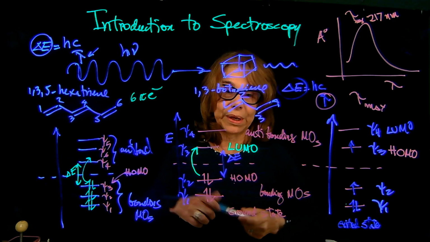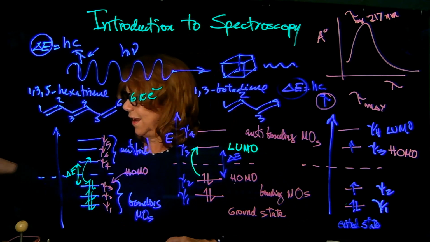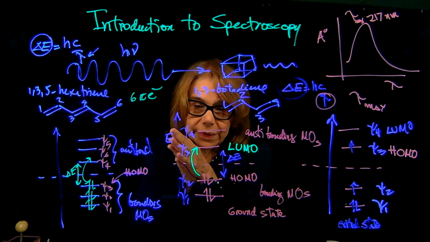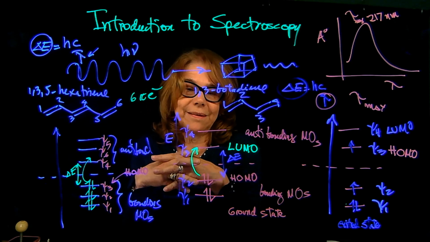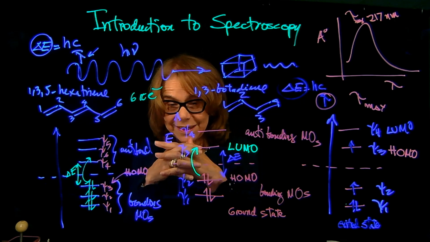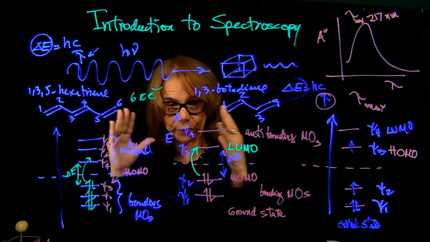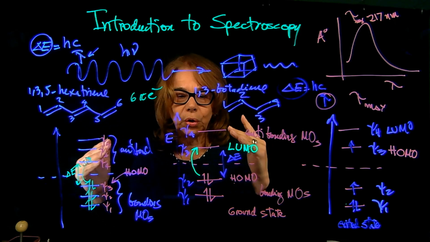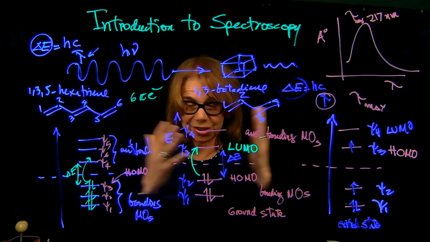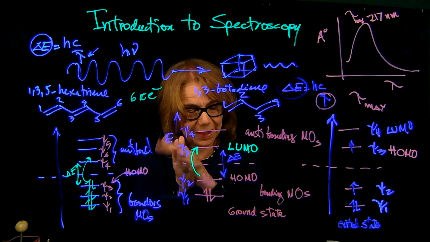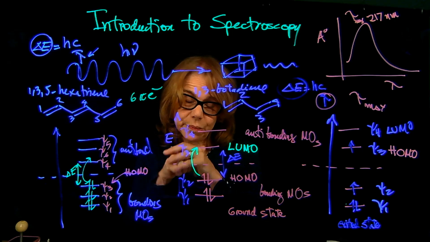So the more extended the conjugation is, the larger the lambda max. And what we learn from UV visible is whether or not we have a conjugated system. And when we look at the lambda max, we will know how extended, how large that conjugated system is. So that's the kind of information that we get from UV visible.